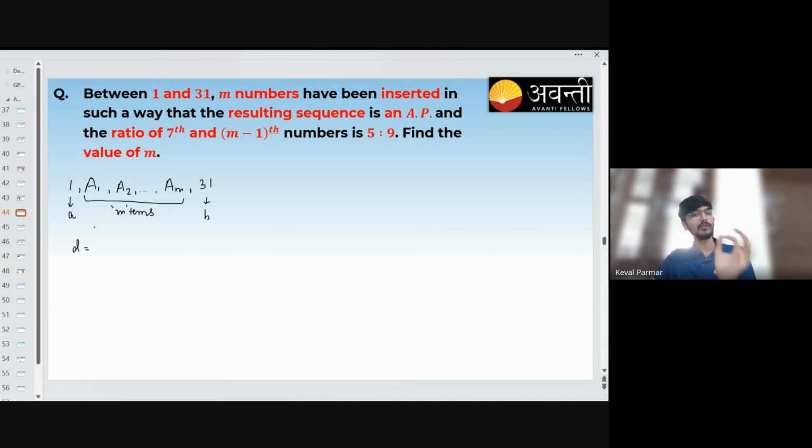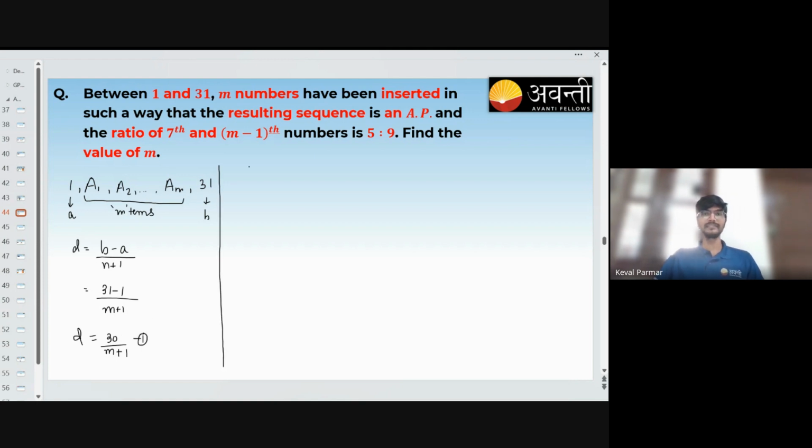That's why I always find D. What is the formula of D? B minus A upon n plus 1. Here, n is replaced by m. 31 minus 1 upon m plus 1. That means 30 upon m plus 1. I got D. Equation number 1.